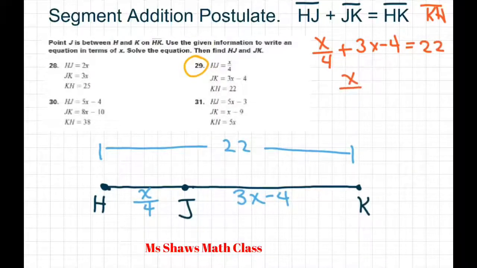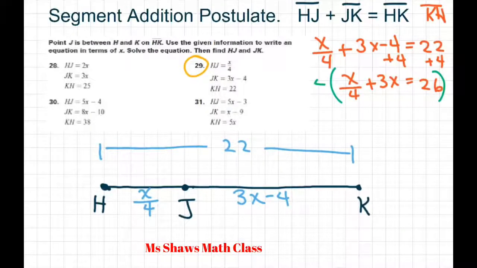So you get x divided by 4 plus 3x minus 4 equals 22. I'm going to add 4 to both sides, and that gives me 26. Now, we have this fraction here. Instead of getting a common denominator, I'm just going to multiply everything through by 4.